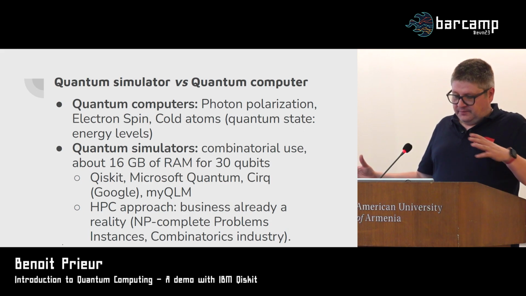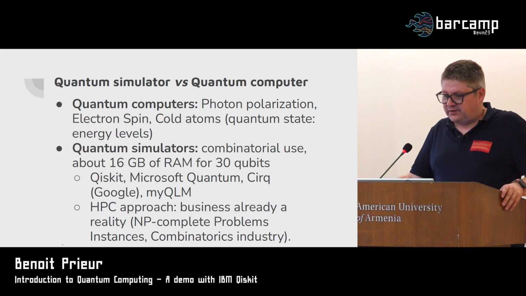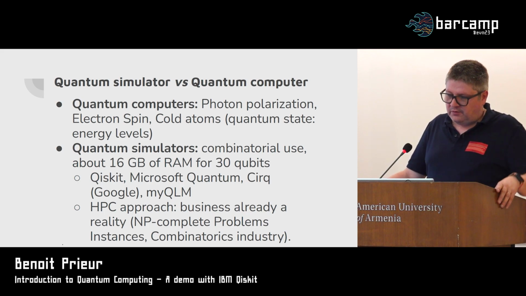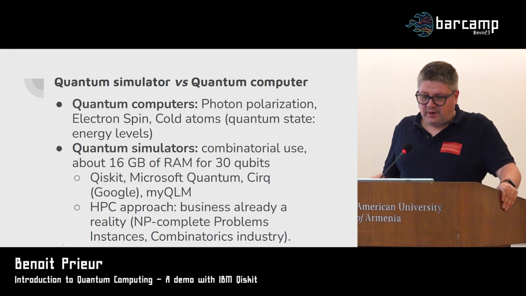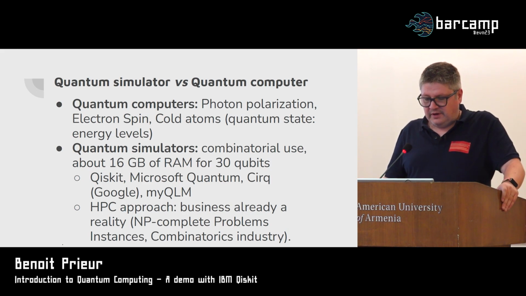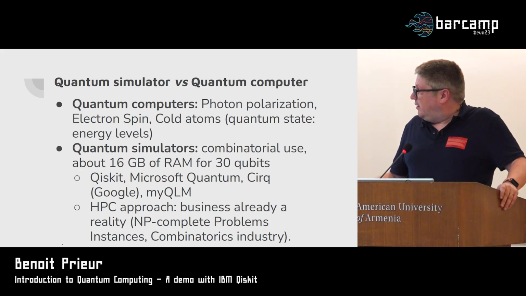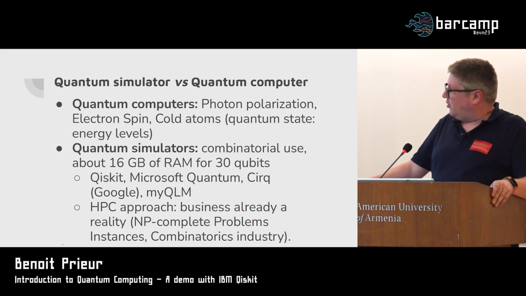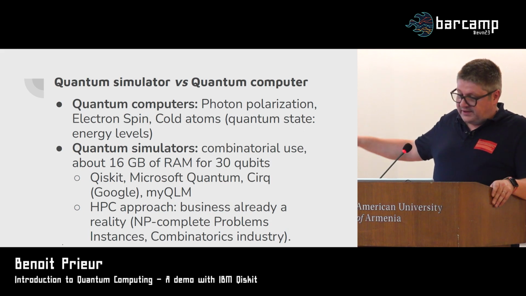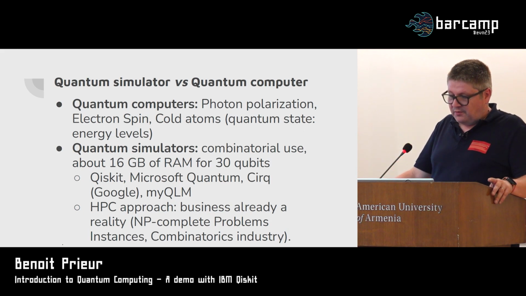And the connection between these simulators or real computers and you is quantum frameworks, from the main big players in the computing domain. Everyone has its framework. For example, Qiskit is from IBM. There is Microsoft Quantum. There is Cirq, from Google.